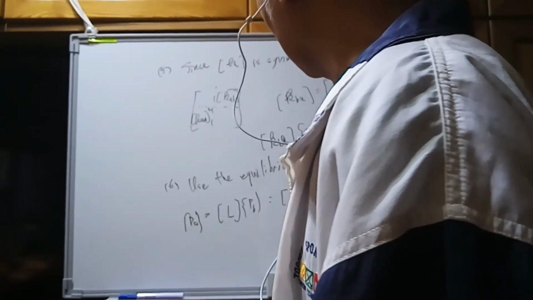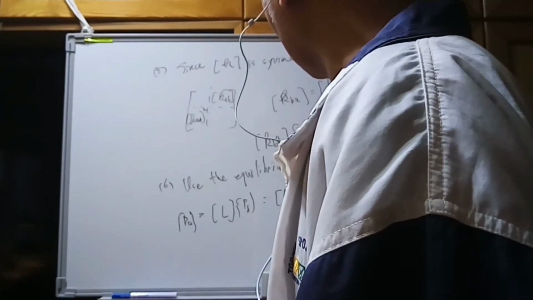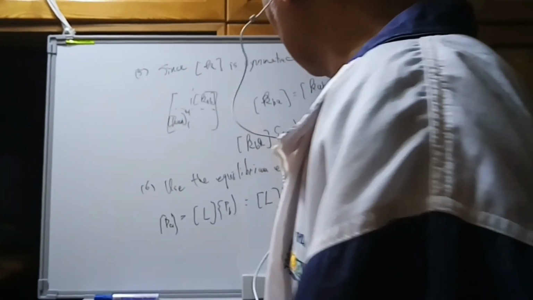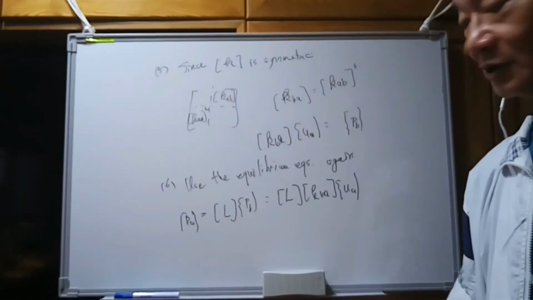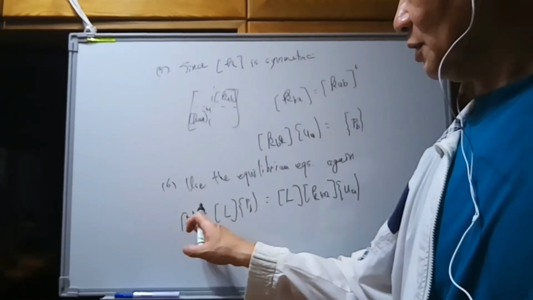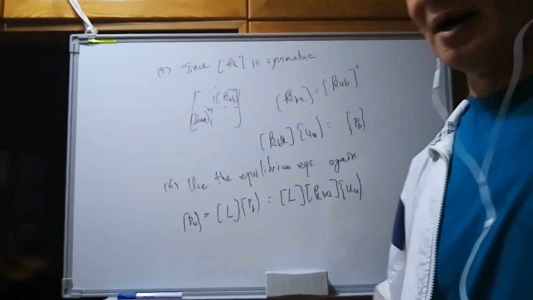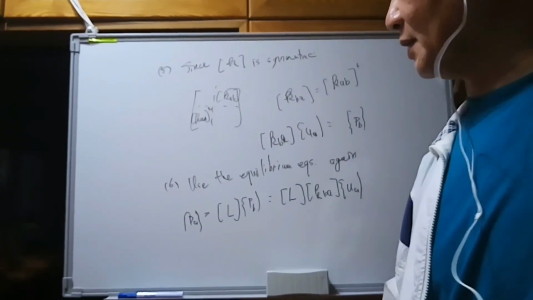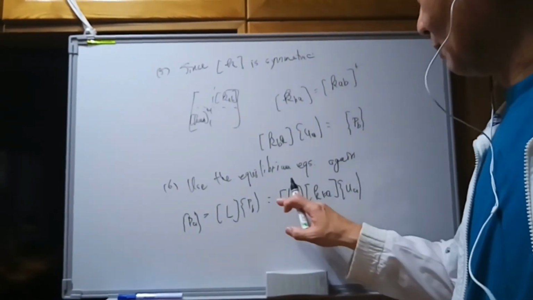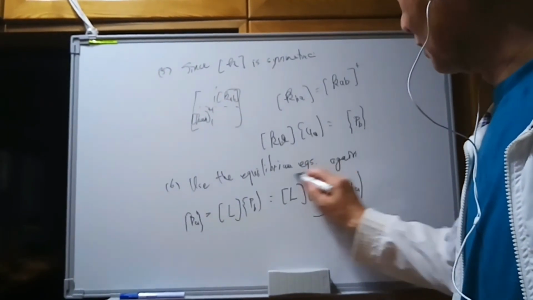And L times KBA UA, if we multiply the KBA by the UA, it gives you the PB. And in the previous step, we have already obtained PA equal to L times PB. Then we can multiply the L by the KBA to get the KAA.